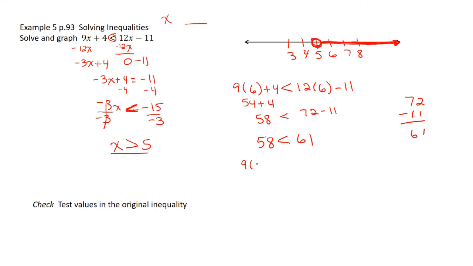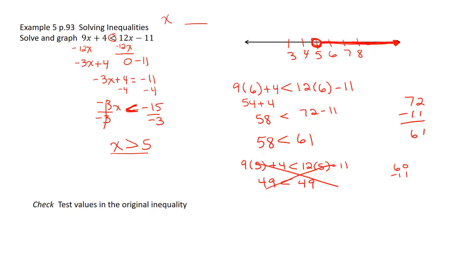So 9 times 5 plus 4 is going to be less than 12 times 5 minus 11. 9 times 5 is 45, plus 4 is 49, and 12 times 5 is 60, minus 11 is also 49. Although 49 is equal to 49, 49 is not less than 49. So as we hoped, it is not true.